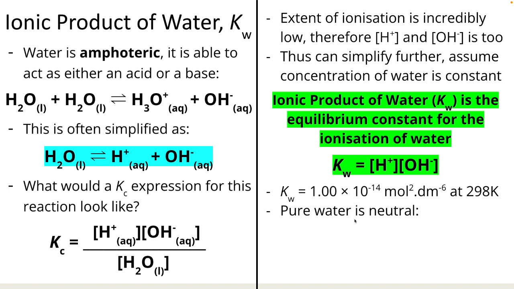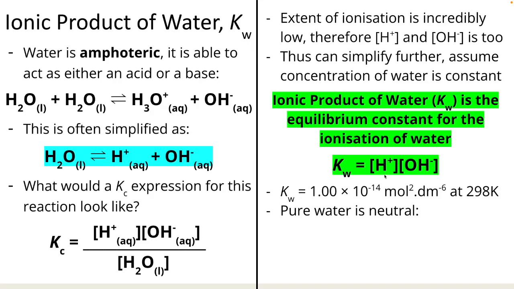Now, pure water is neutral. What this means, if we think of an acid as a proton donor and a base as a proton acceptor, is that if it's neutral, we have to have the same amount of these. So our concentration of H+ is equal to our concentration of OH-.